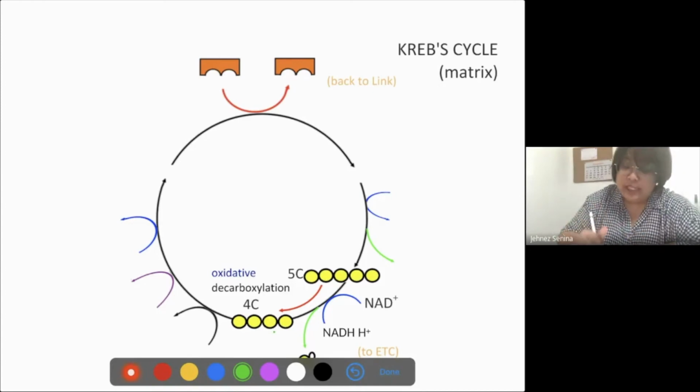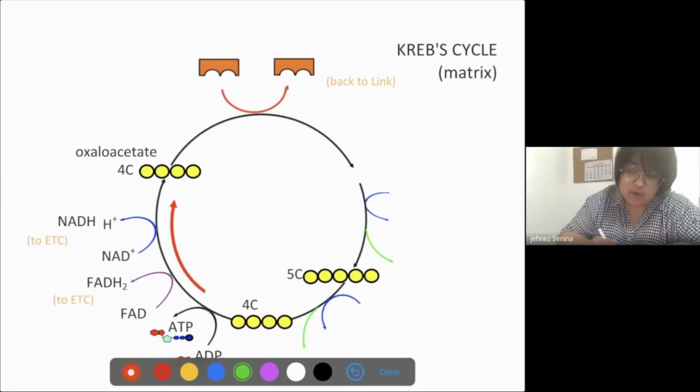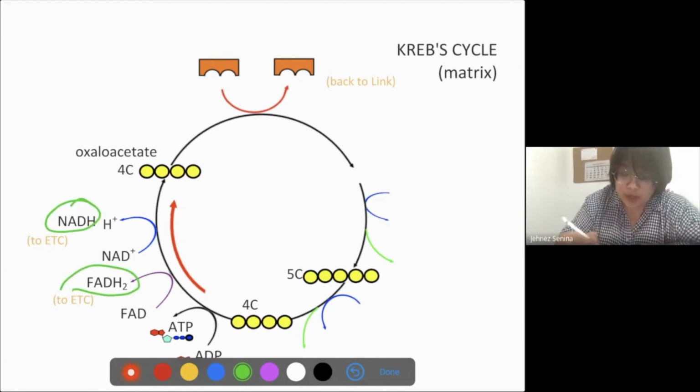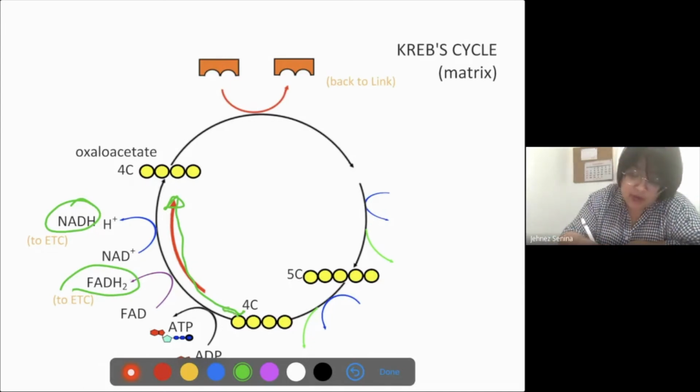Now this 4-carbon molecule will undergo several oxidations again, or rearrangements, so you form your NADH and FADH2. Here to here is a series of oxidations. So you are removing hydrogen and electrons again from this 4-carbon molecule. Where did the hydrogen and electrons go?